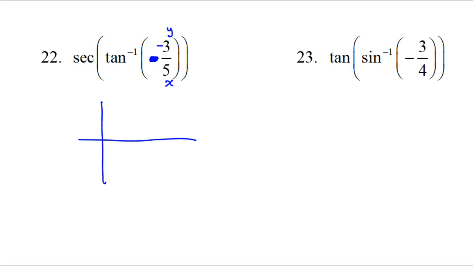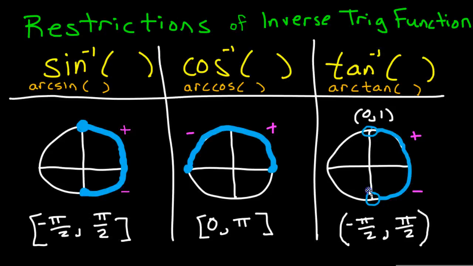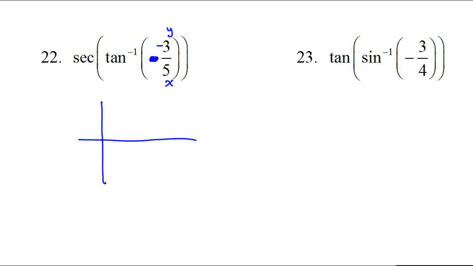Okay, tangent is positive in the first quadrant, negative in the fourth quadrant. We need the tangent to be negative in this case because we have the negative 3/5. So I need to draw my angle into this quadrant.